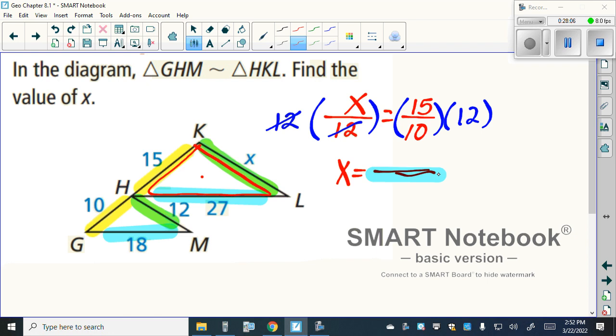We could plug this side into the calculator, and it would give us an answer, and that's it. Any questions on this here?